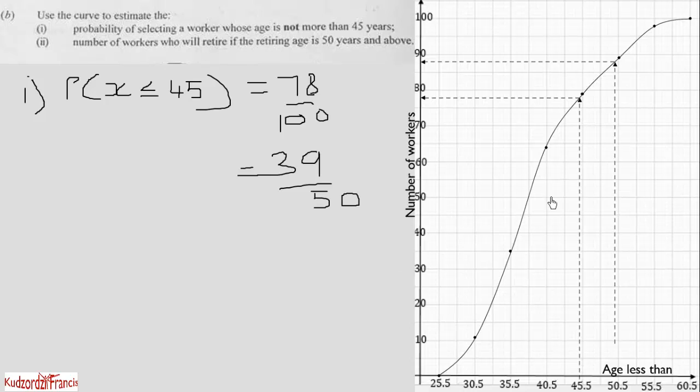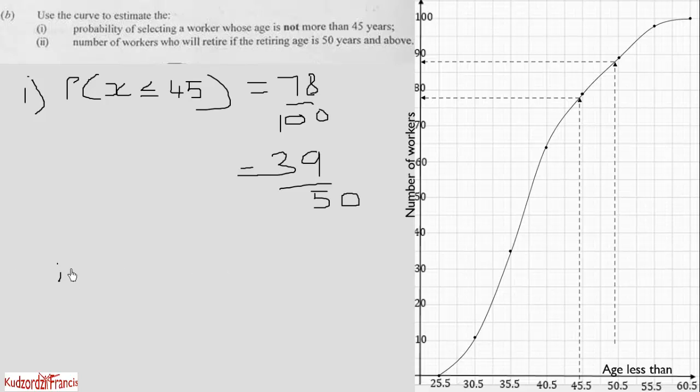So 88, we need to subtract from 100, because all of these here, more than 50, are going to retire, and that will correspond to 100 minus 88.